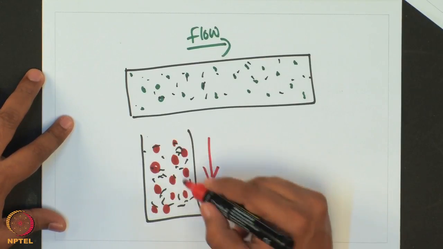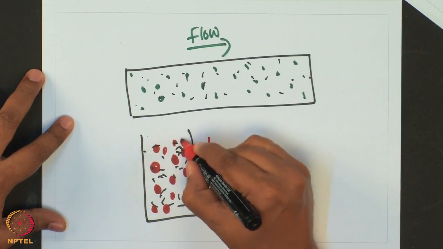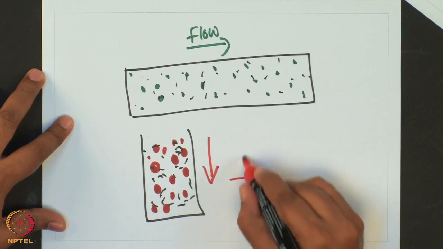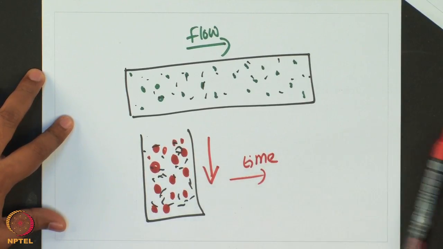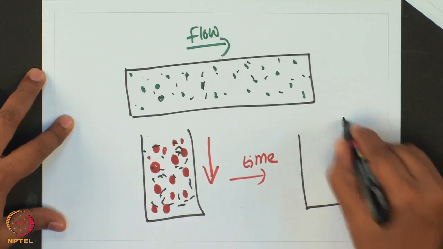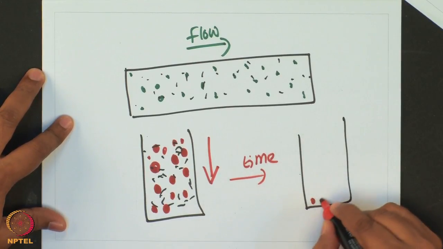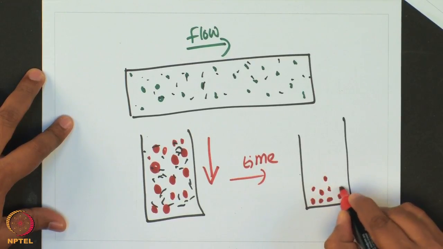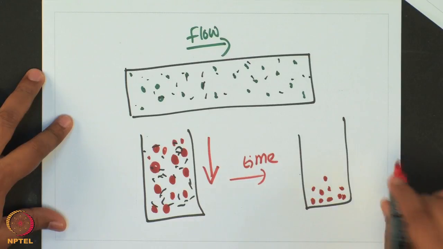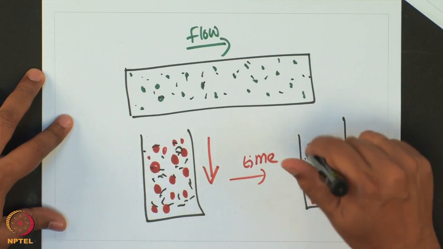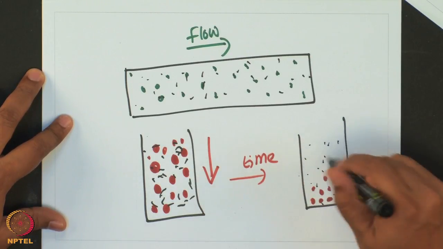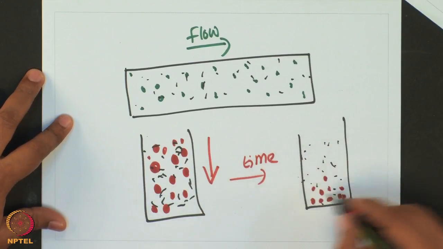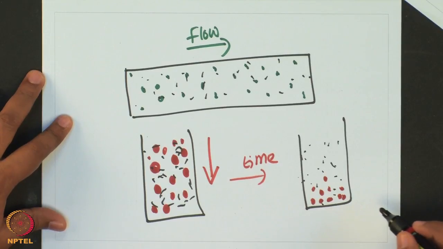So there will be a flow from top to bottom, all will sediment, and you would expect after some time most of them sedimented, most of them at the bottom, some of them like this, and of course there is water. So this is what you would expect after some time. Everything will come down and sediment at the bottom.